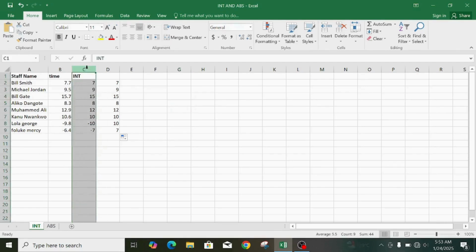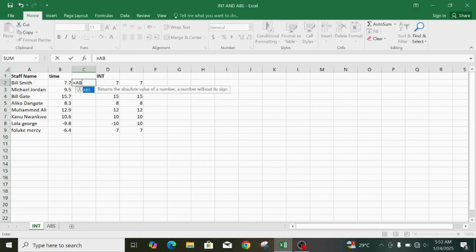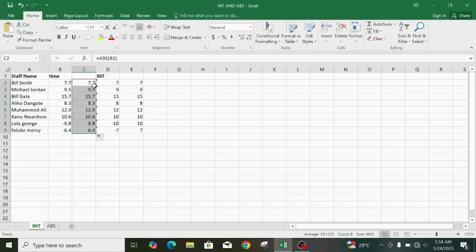And if I just insert a new column here, if you are using the same value here, it's not going to affect the decimal place. All it's going to do is convert the figure to a positive number, and that's all. So we can see the answer that we've just gotten: I just turned each and every one of these to an absolute value of what was previously here.